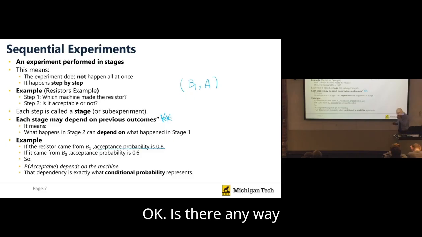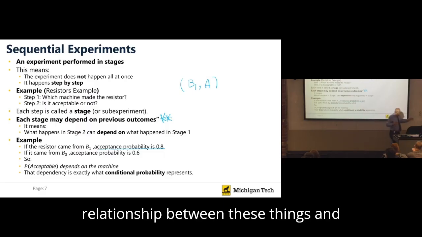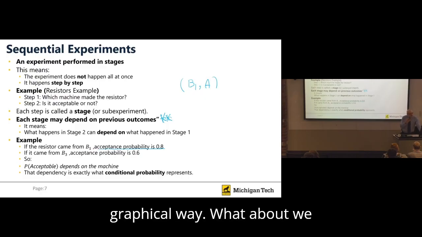Is there any way to show this relationship in this sequential experiment much more nicely? Yes, in a graphical way.